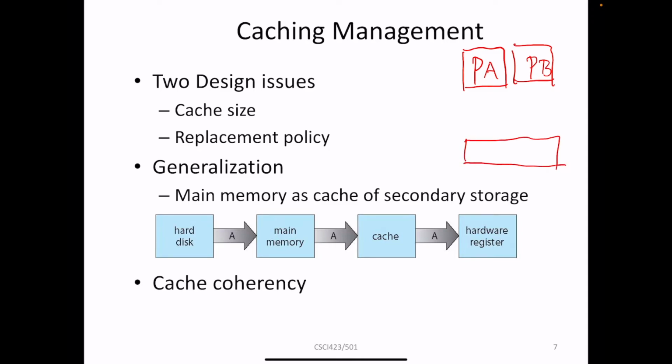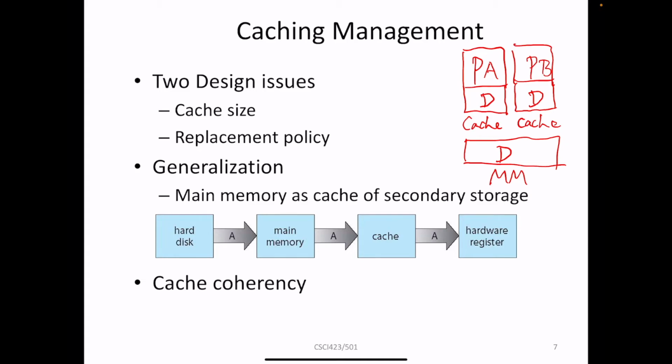So this is the main memory, and we have data D there. Then both processors A and B cache data D into their own cache. Each processor has its own cache, so both of them cache data D.